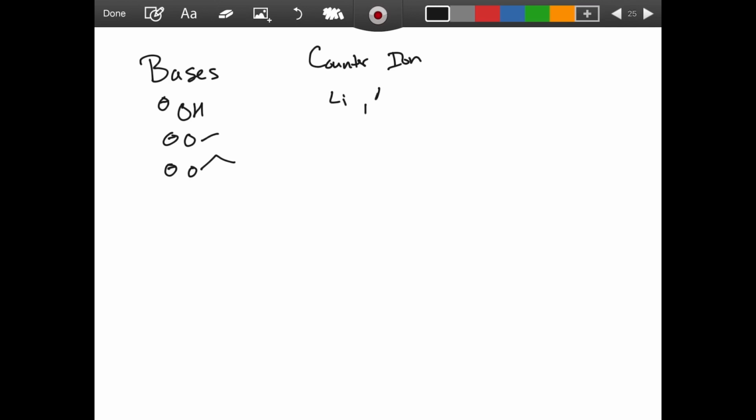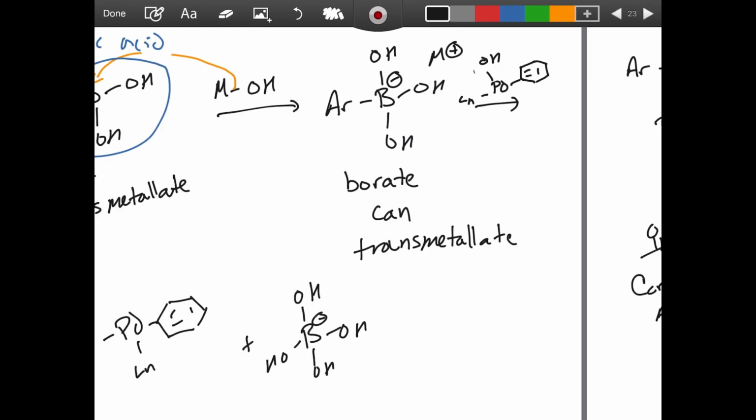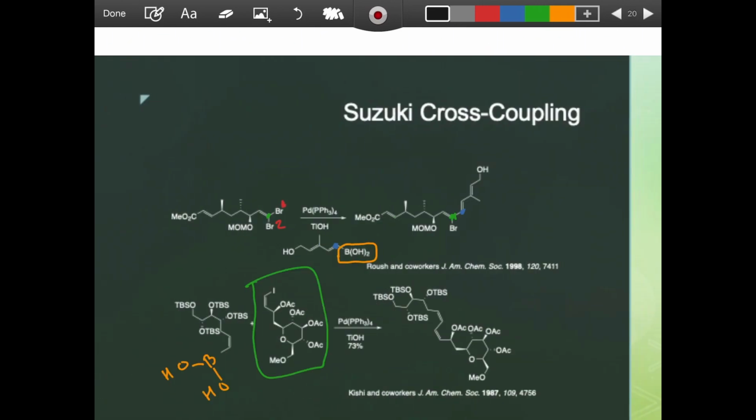But lithium, sodium, potassium, and then thallium gets used a lot. Thallium methoxide, I think both of our examples used thallium methoxide, this hydroxide.